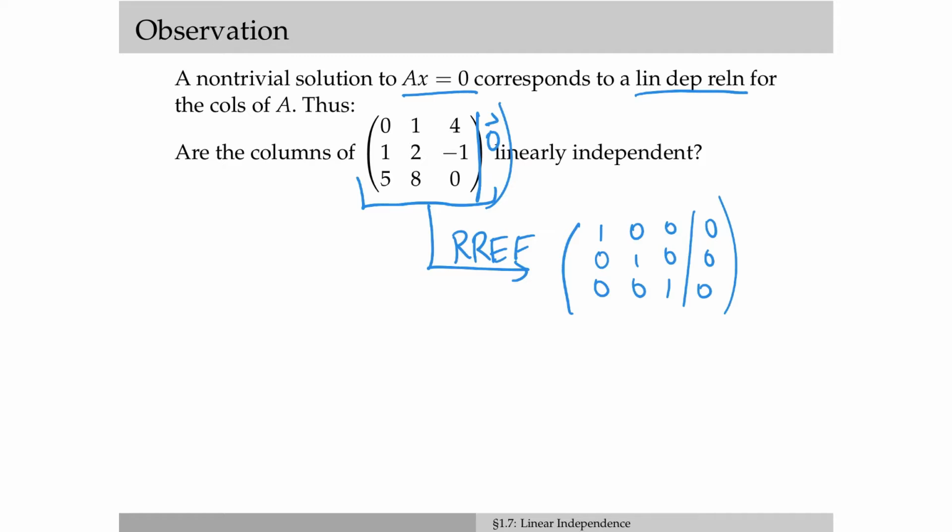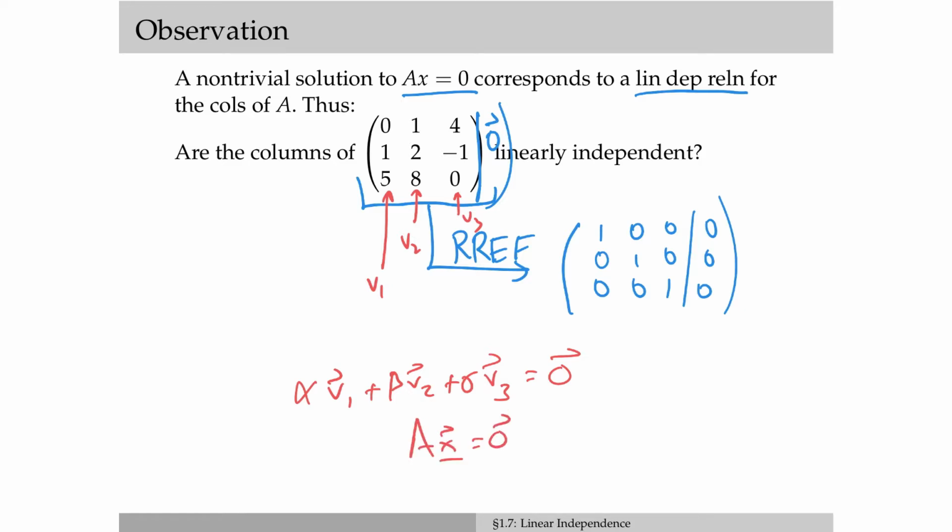Okay, so here, let's call that v1, that one v2, and that one v3. What we're asking is, is there a non-trivial solution alpha, beta, gamma to this equation, where alpha, beta, and gamma would be the vector forming x in Ax equals 0? Over here, these are my alpha, beta, and gamma columns.